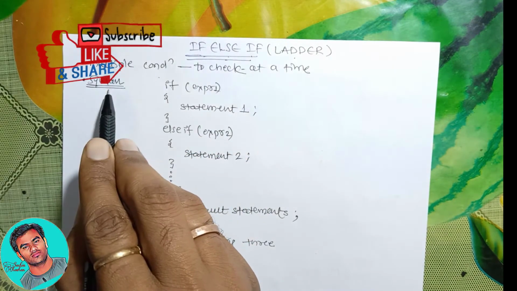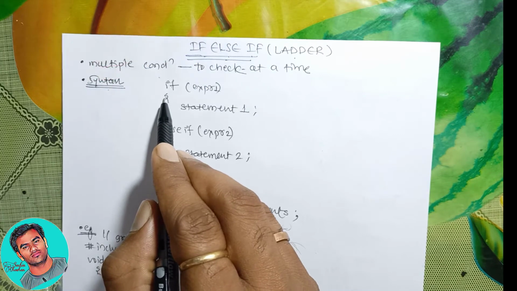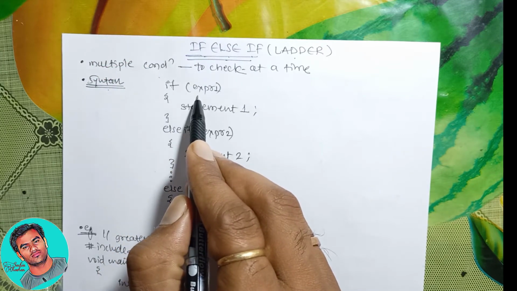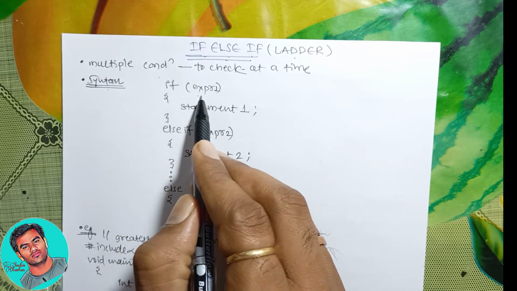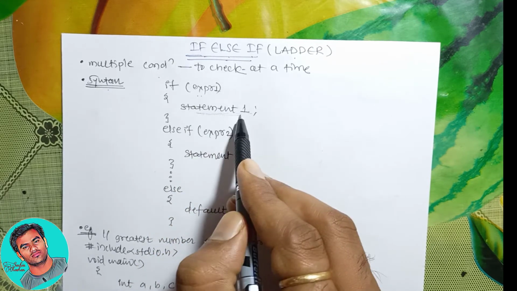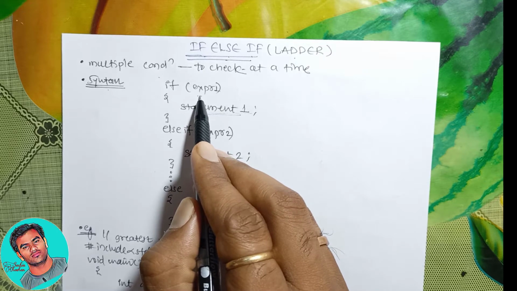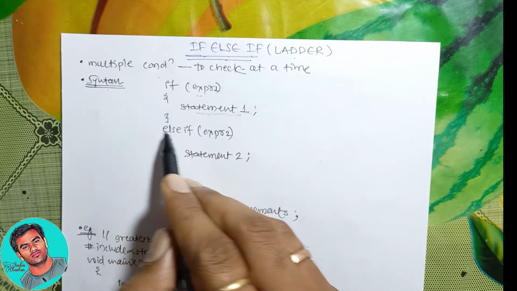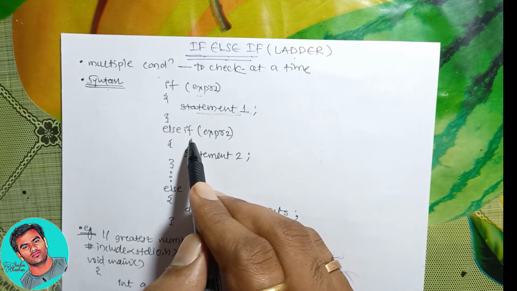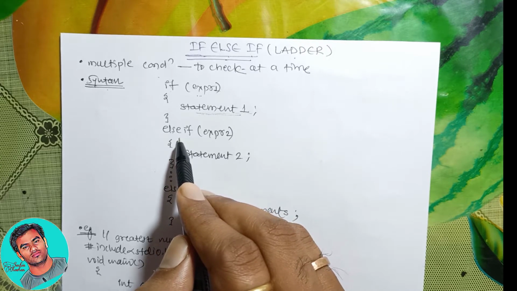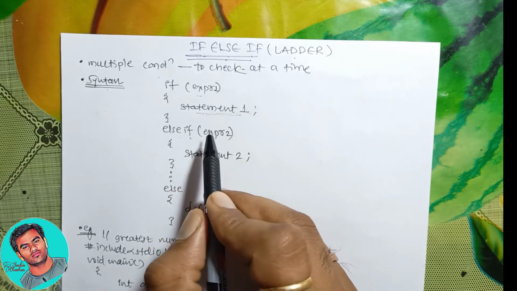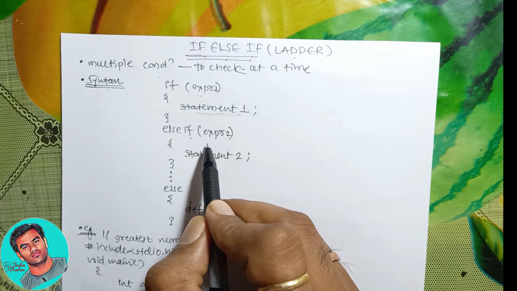So what is the syntax of this statement? It is: if expression, also called a condition. If this condition is true, statement 1 will be executed. If this condition gets false, it comes to the next statement, that is the else if statement. The else if statement will check a second condition, expression 2.